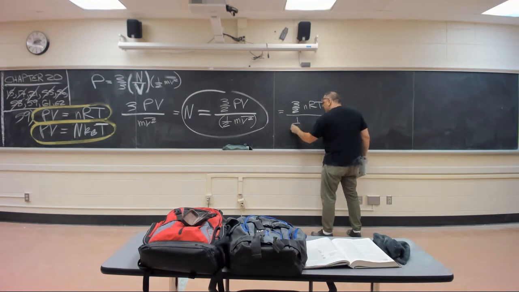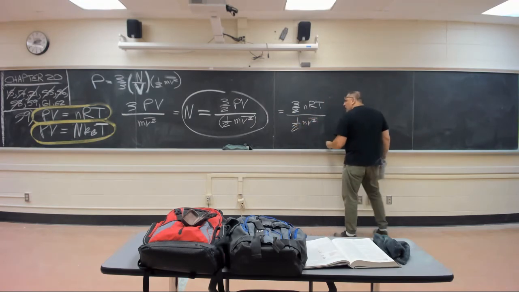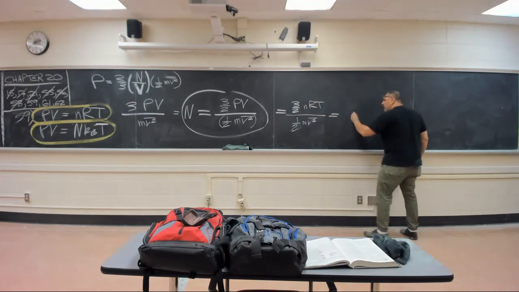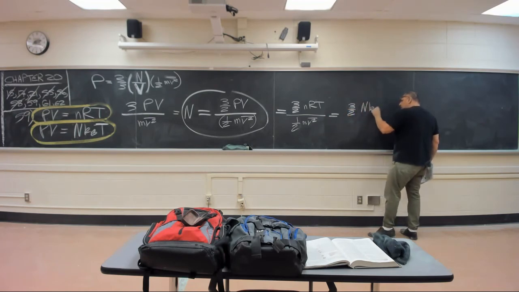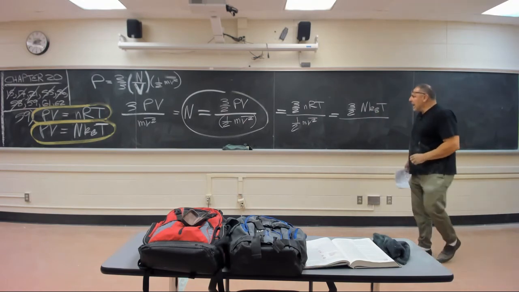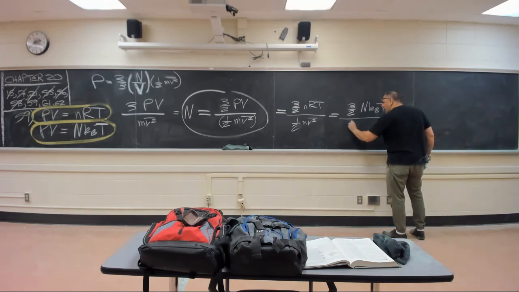You got this. True. And that's the same as 3/2 PV, which is capital N kBT. And this is stuff we've derived before, guys. So let's not go back there. We can just go back to our notes if we want to look at it a little bit more.